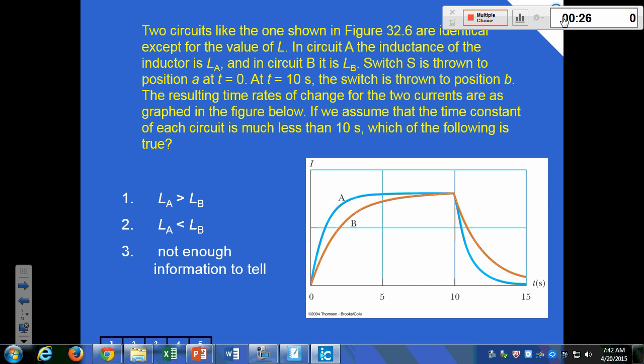Now remember, these are characterized by the time constant. And that time constant was L over R? Tau is equal to L over R. It's a similar time constant like we had for RC circuits. This time it characterizes the rise of the current in the circuit, and also the decline, the decay curve.